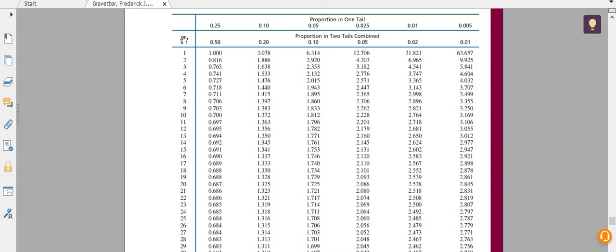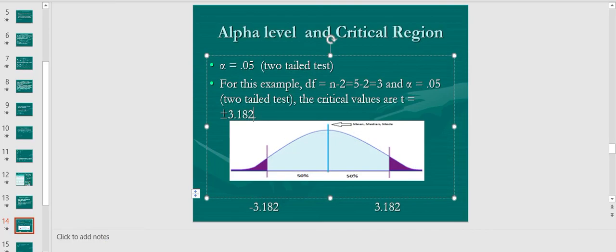Here is the DF 1, 2, 3, this DF 3, and 0.025. We have to look for this value in this column. This is 3.182.